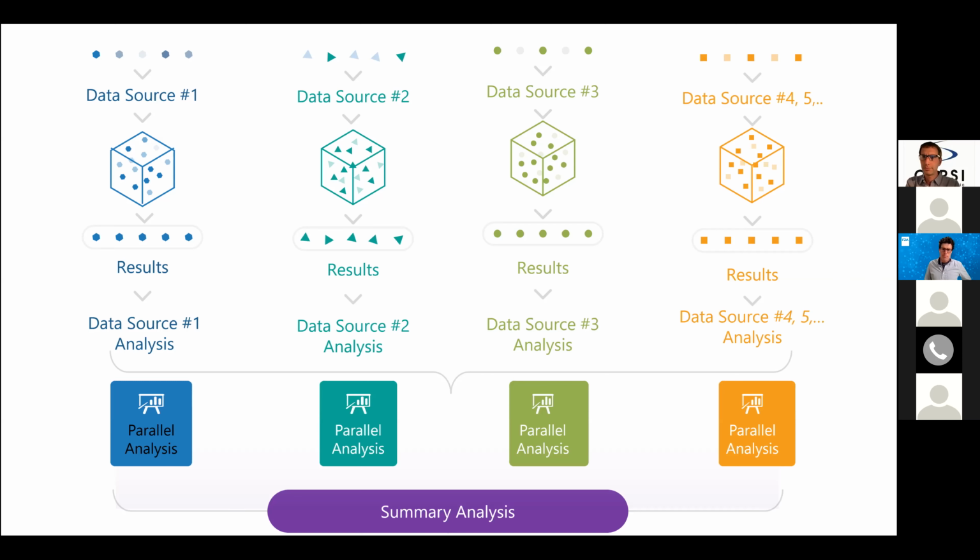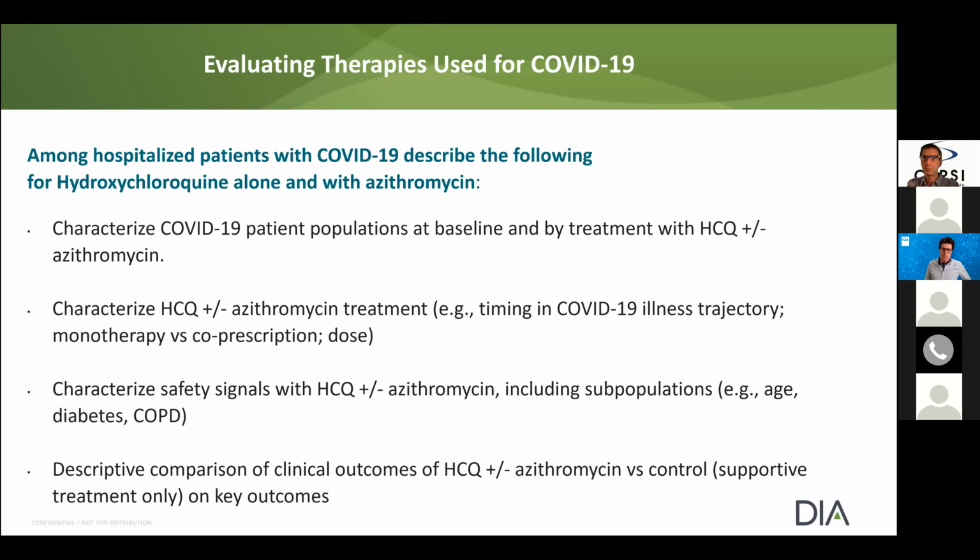So if you can go to the next slide, I'm going to go through, at a high level, one of the initial parallel analyses that was done, which has now been published. This one focused on the use of hydroxychloroquine and azithromycin in patients hospitalized with a diagnosis of COVID-19.